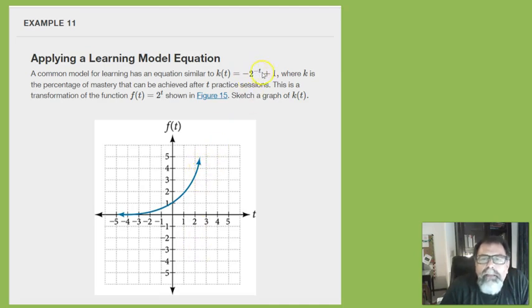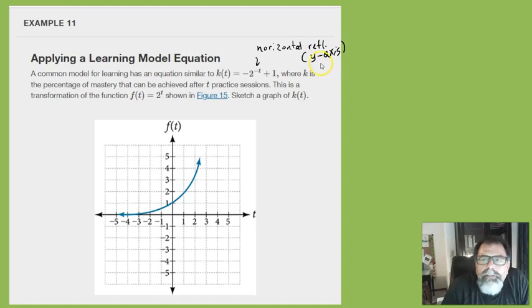And then the minus t is up within the function, so that's the horizontal one. So you've got a reflection across the y-axis. This is a horizontal reflection, across the y-axis.